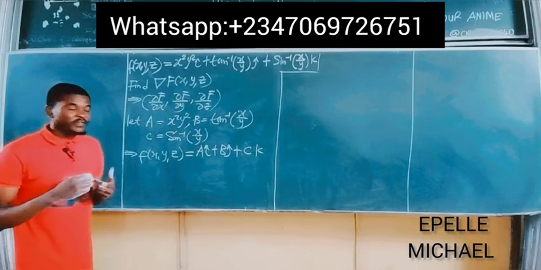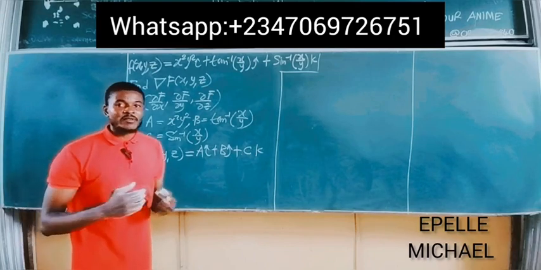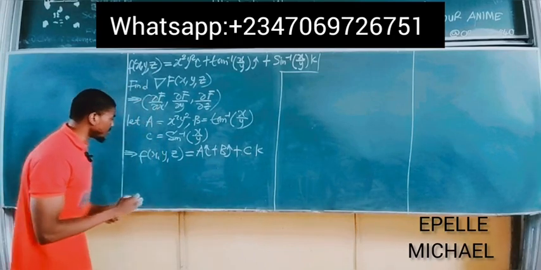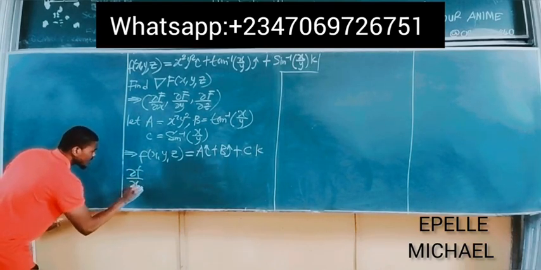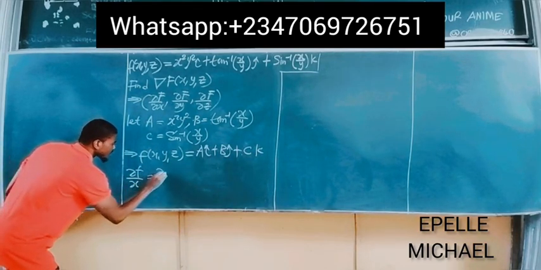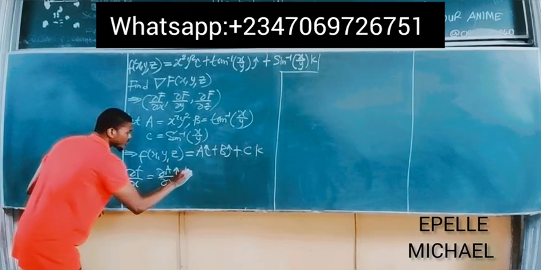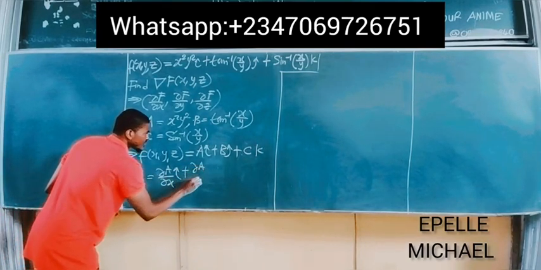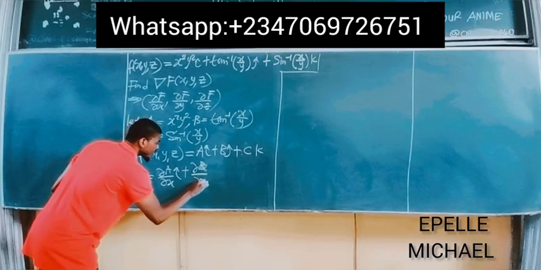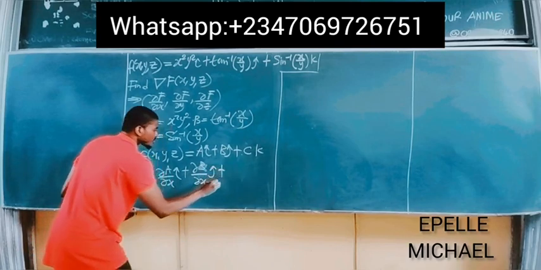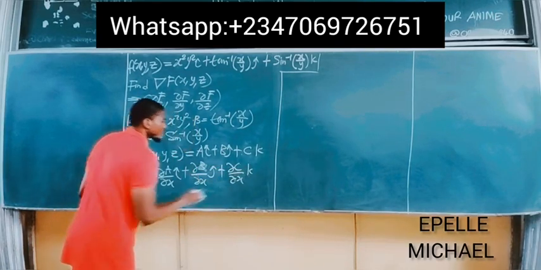So like I always say, the derivative of a sum is actually the sum of the derivatives. What that means is, if I differentiate this function with respect to x, it's equal to partial a over partial x i plus partial b over partial x j plus partial c over partial x k.